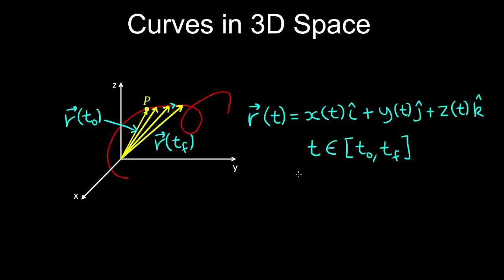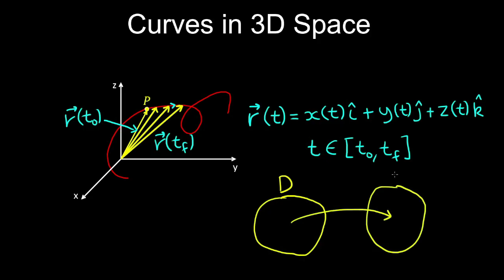So essentially, the vector-valued function on a domain set D is a rule that assigns a vector in space to each element in that domain. So our domain here is the interval of real numbers t, which results in a space curve. And t can refer to time or any other real quantity.